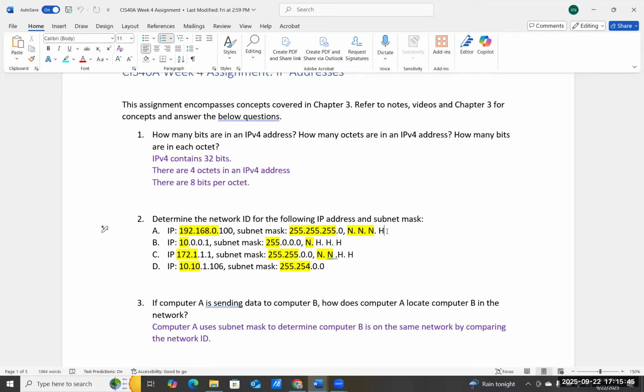If it is a default class address, the 255 is going to indicate the network ID. So the first part of your IP, the first part of your subnet mask, that represents the network. That's a Class A. And then the rest is going to be used for host.